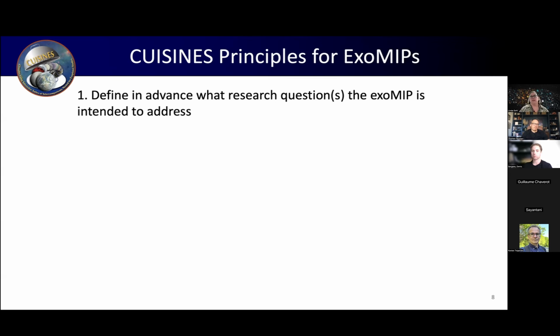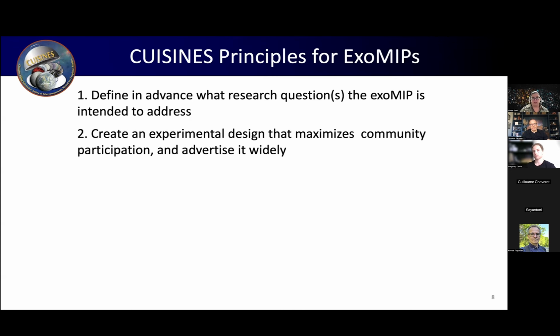What is it that you really want to learn about the type of target, or about a specific target, or perhaps how some process is represented that is important for understanding surface habitability, as an example. Having that laid out clearly in advance really helps come to determine what your experimental design should be.